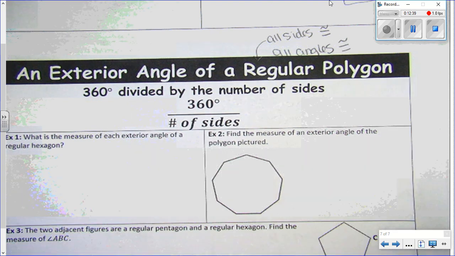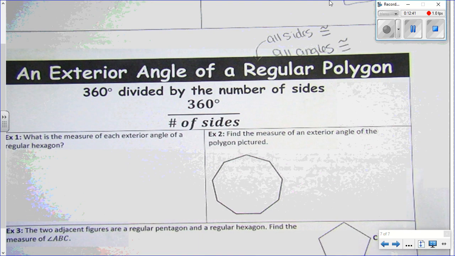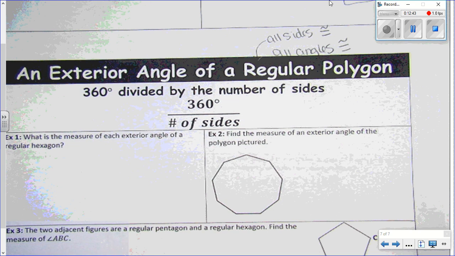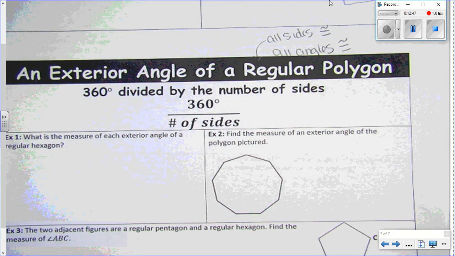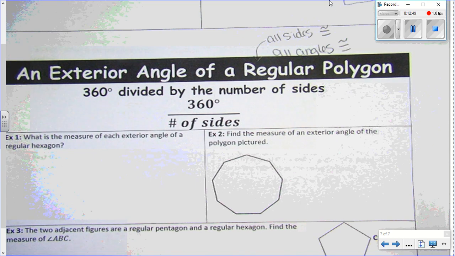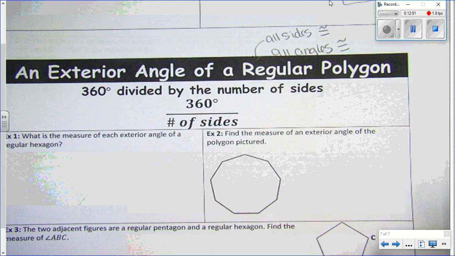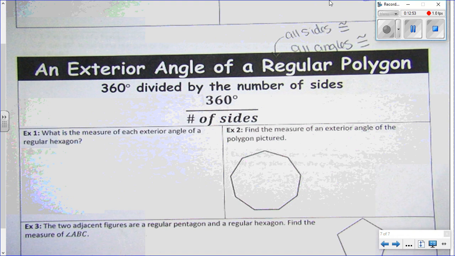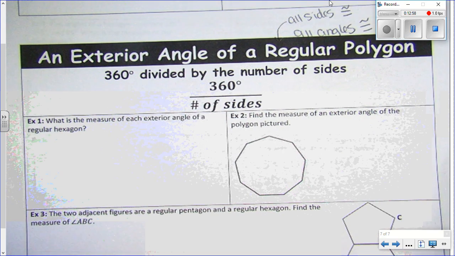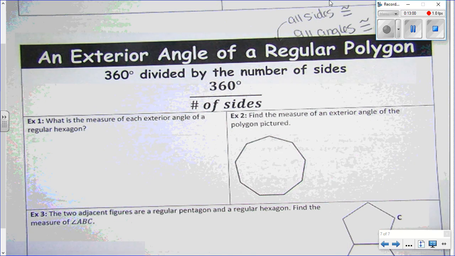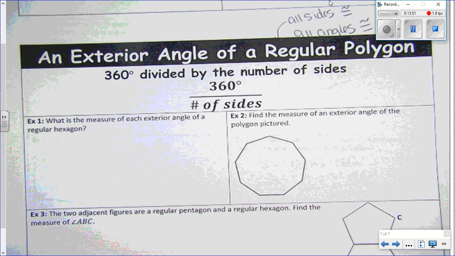And when I say all angles, that's all interior angles are congruent, all the exterior angles are congruent as well. So in order to figure out one exterior angle, we're going to do 360 divided by the number of sides they have or the number of angles that they have.